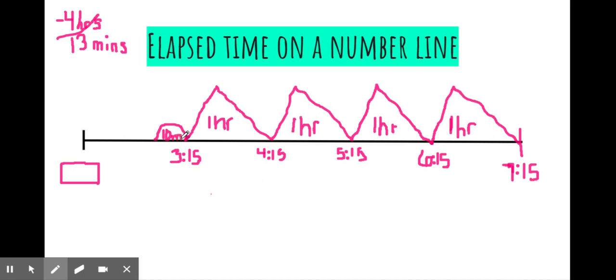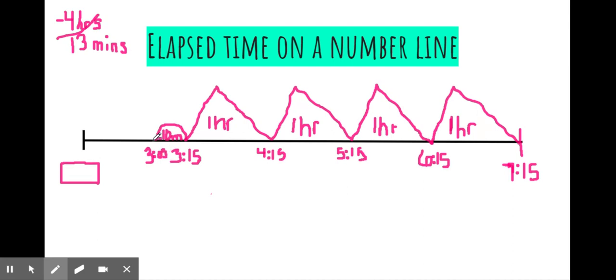I'm just going to put an M since there's no space. If we subtract 10 minutes from 15 minutes, what time will we have? 3:05. Good job. And we got to squeeze it in there.